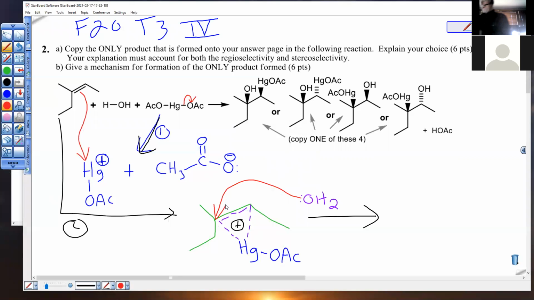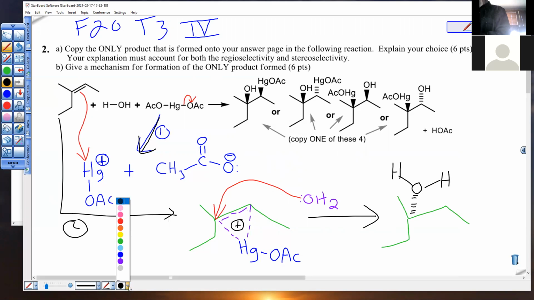And whenever you do a backside attack on a triangle, you end up with the new bond anti to the one you're breaking. So if the water came in from behind the triangle, then the mercury got pushed outside.